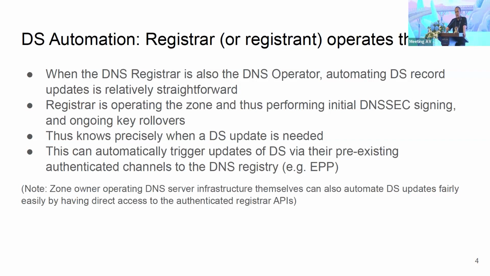Also, crucially, they have at their disposal authenticated channels to the registry that enable them to make those updates. Similarly, when the registrant or the zone owner operates the zone themselves, they can also automate DS updates fairly easily because, again, they have direct access to the authenticated registrar APIs that provide those functions.